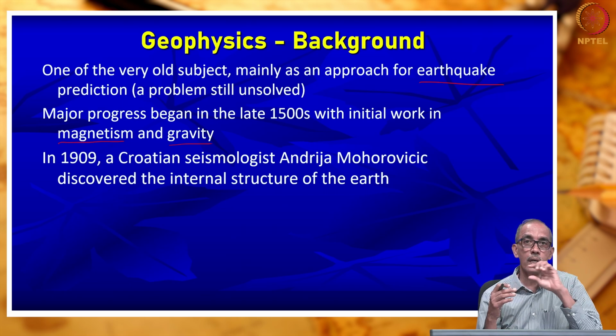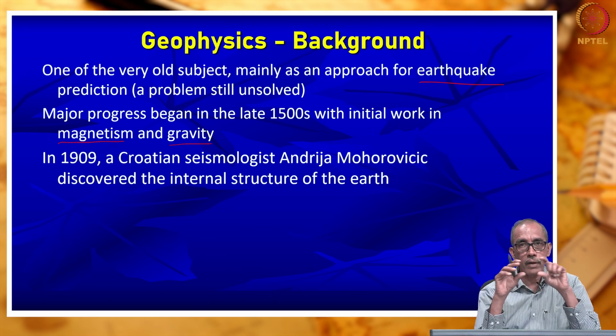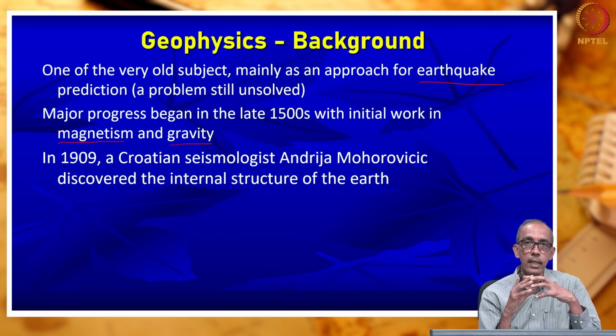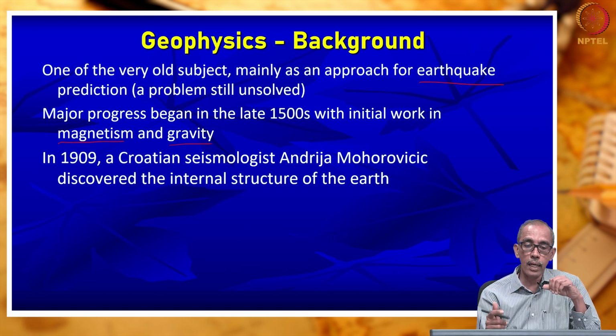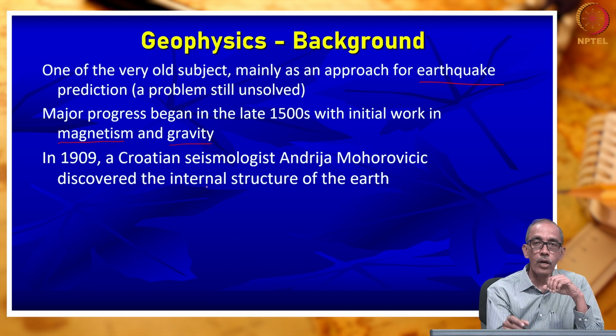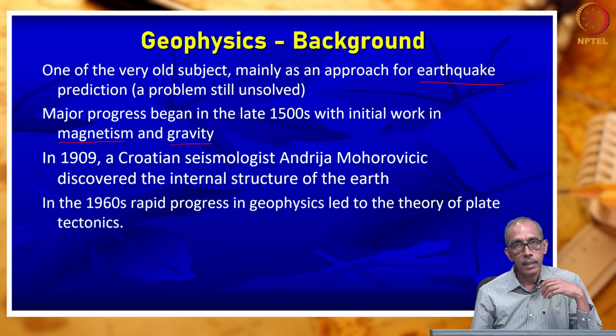Today we talk about the Earth having a crust up to about 35 kilometers, then we have the mantle, then we have the core at the center of the Earth, whereas the deepest well drilled so far is not beyond 15 kilometers. But we are talking about what is there at 6,000 kilometers below the surface of the Earth. How do we tell about all these things? We have understood that only by seismological evidence. That means geophysics helped us to understand the interior of the Earth.